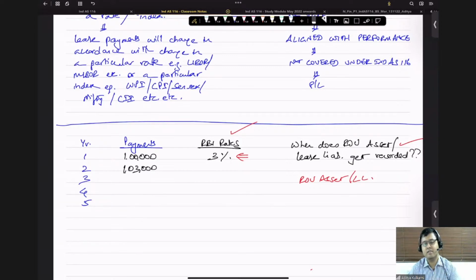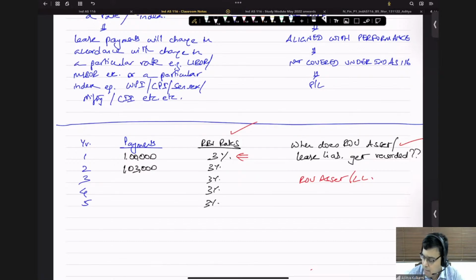And I know that this is the increase which I will have to align my payments in the future. So therefore, on the first day, I will assume that 3%, 3%, 3%, 3% is what is going to be my RBI rate throughout, because this is the only known factor today.